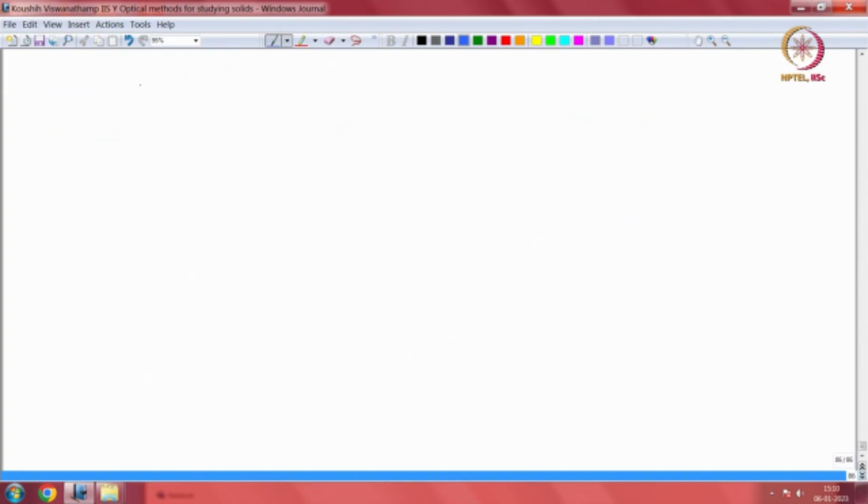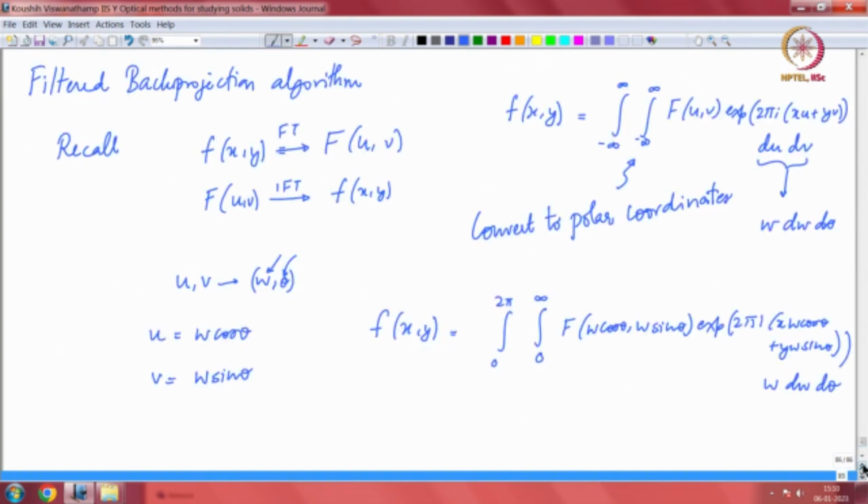Let me just use this instead of rewriting it again. Let me split this into two parts, right. So, I have 0 to pi, 0 to infinity of this entire thing, with the w inside, dw d theta, plus integral pi to 2 pi, integral 0 to infinity of this entire thing again, dw d theta, okay.